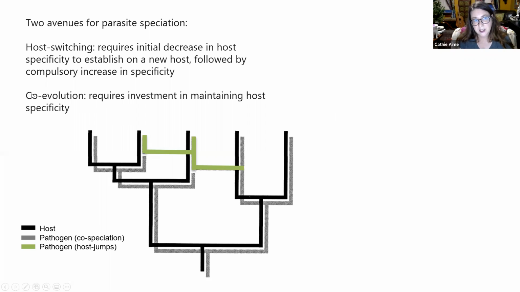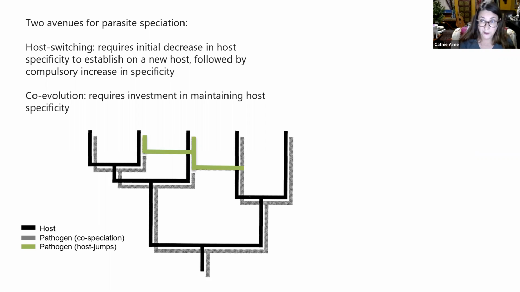And the other explanation we use a lot to explain parasite speciation is something called coevolution, which is that a host and its pathogen are perfectly adapted to each other. And as soon as a host evolves a new gene to fight back a pathogen, say, then that pathogen evolves a new gene to make it affect that host, and that these two are constantly co-evolving together.